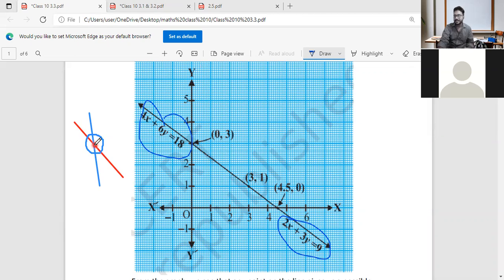Clear? We know that corresponding to each equation, we have a line. So the intersecting point of these two lines gives the solution. So it is clear that these two lines are intersecting only at one point.